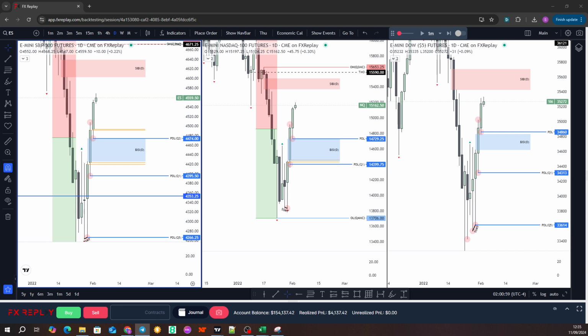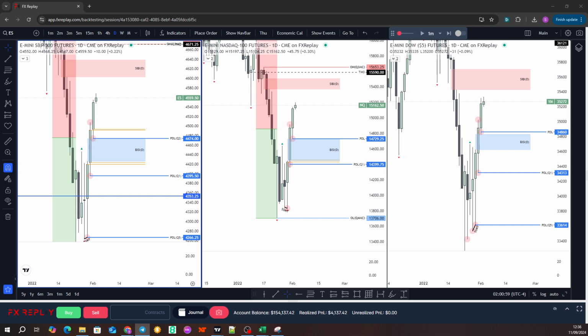The market has since traded through the CBD on a closing basis. Therefore, this could indicate higher prices and a liquidity pool above the marketplace. Okay, so that's sort of the focus.